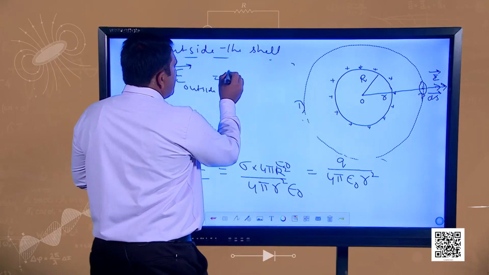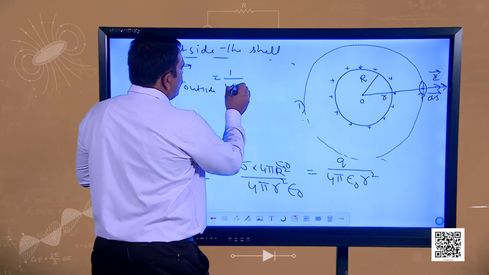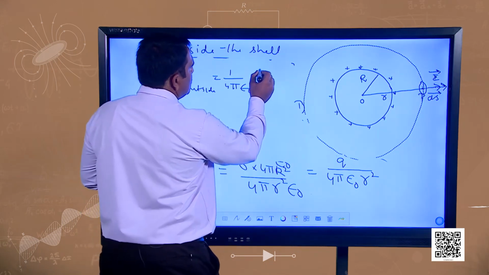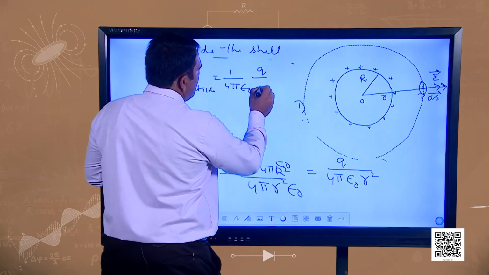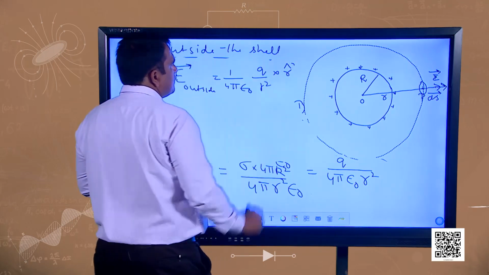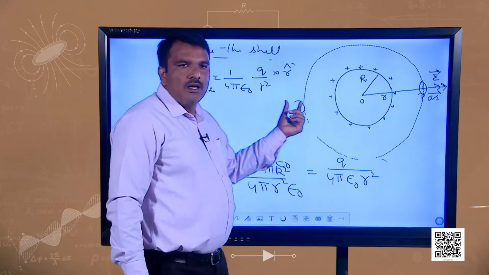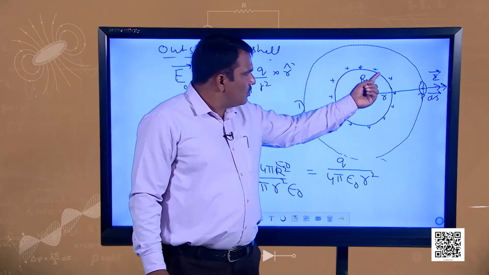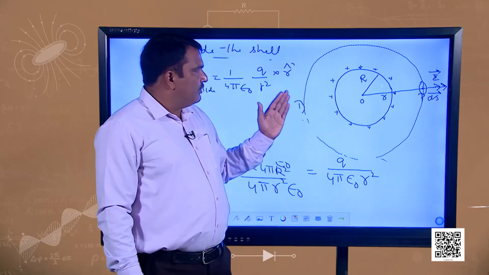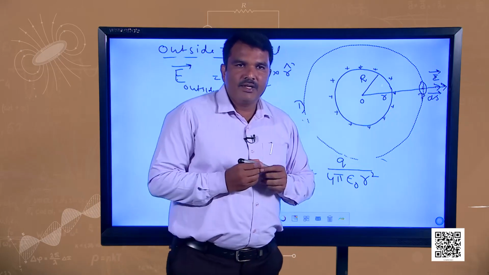So it will be 1 by 4 pi epsilon naught q by r square multiplied by r cap, because the charge on the surface of this cell is positive. So electric field will be radially outward.